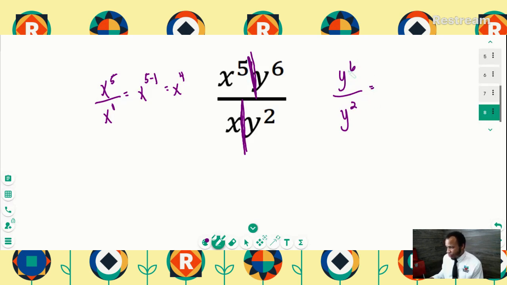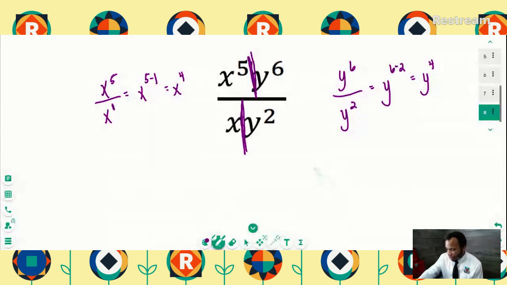On the right side, we have y to the 6th power divided by y to the 2nd power. That 6 goes right here, and the 2nd power we'll just subtract from it. Y stays the same, but 6 minus 2 can be simplified to 4.